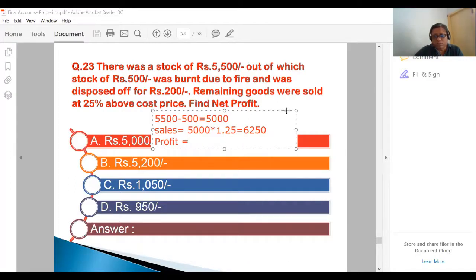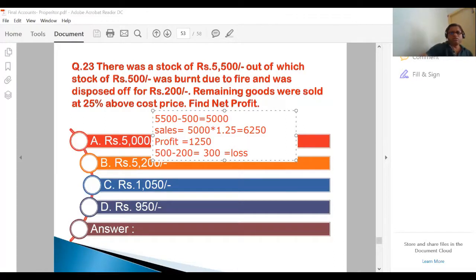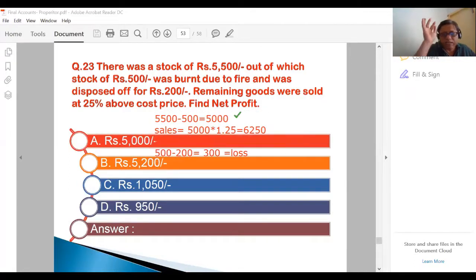Okay, so the profit is 1,250, and we have 500 burnt. On that 500 burnt, we have recovered only 200. Loss is 300 rupees. So 5,500 minus 500, I take 5,000.